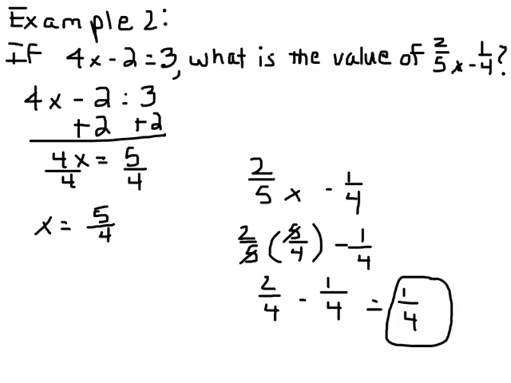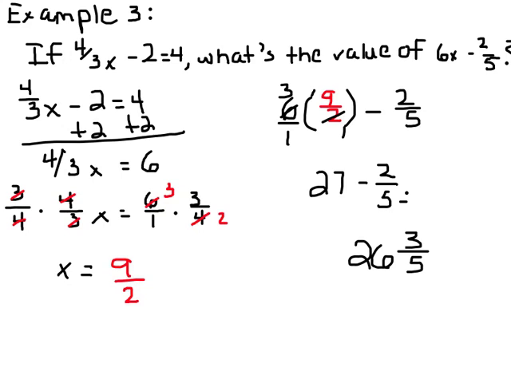We actually could cross cancel here as well. 2 would become 1 and 4 would become 2. The reason I didn't do that is because I wanted this to stay 2/4 because I'm going to subtract 1/4 from it to get 1/4. So I didn't have to find a common denominator, leaving it in fourths.